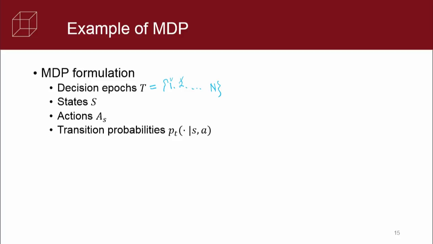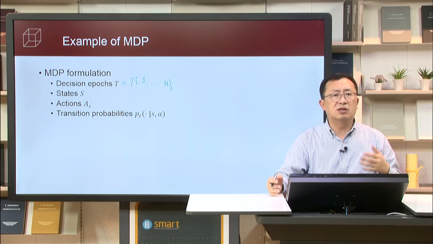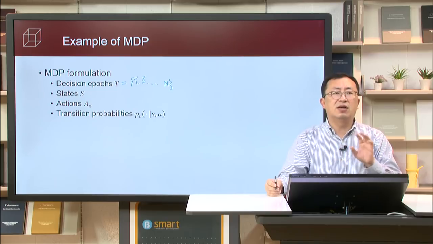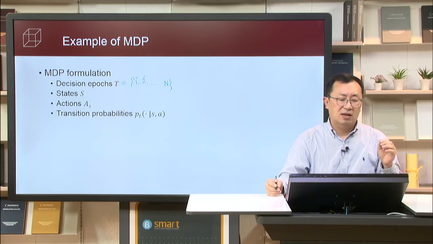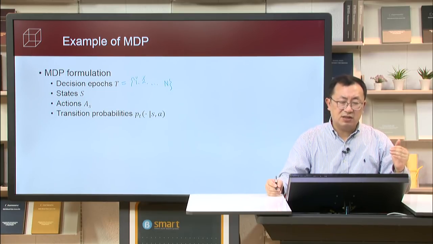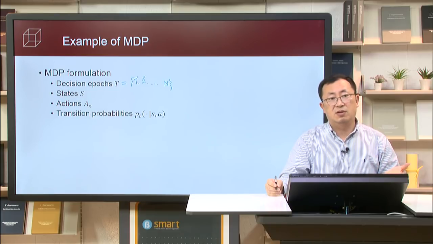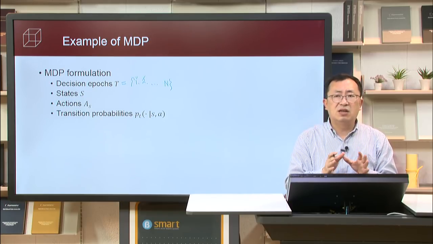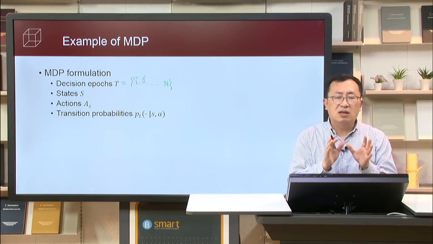All right, the state. We can use the number of units in the warehouse at the beginning of each month, and we can consider it as the state of the system. Then, what are the possible values of the number of units in the warehouse?